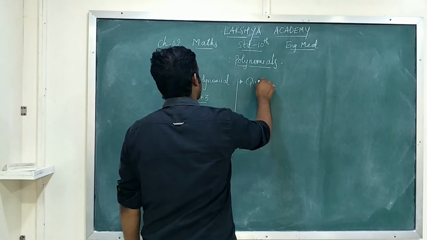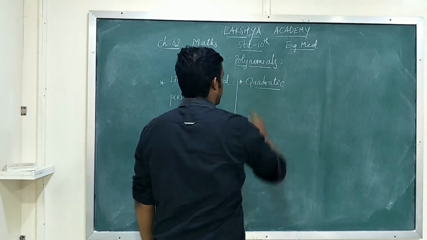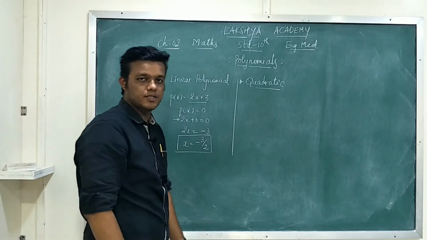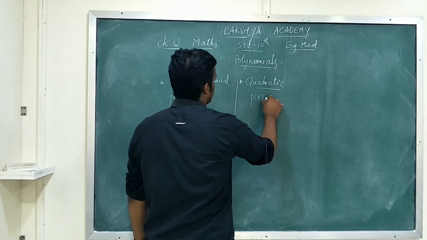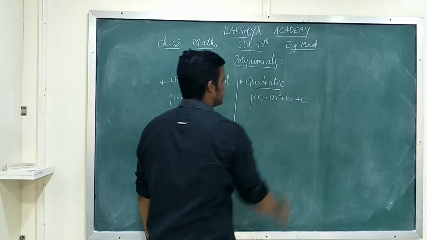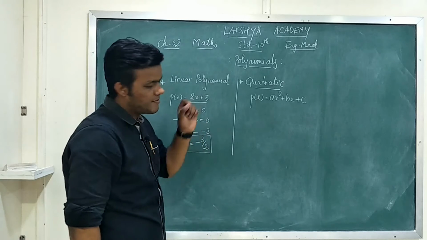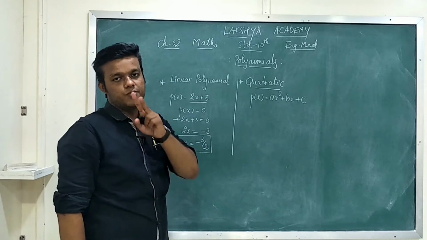When we have a quadratic polynomial, you know the general form of a quadratic polynomial, which is p of x equals ax square plus bx plus c. And the zeros can be found in two ways.